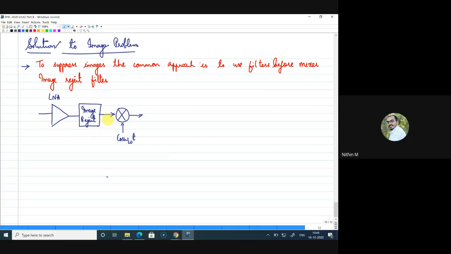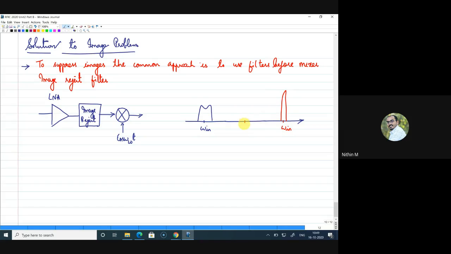Now, if I look at the output of this series of blocks including the image reject filter, the desired signal is at omega in, and say there is an image component somewhere here.